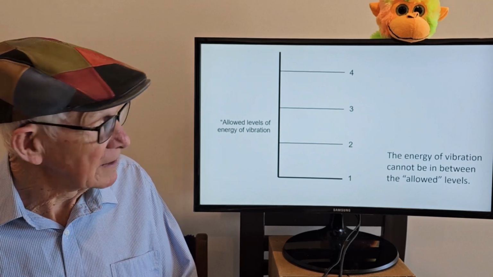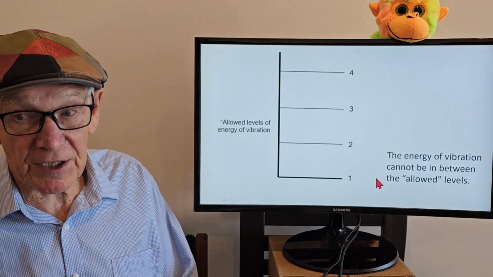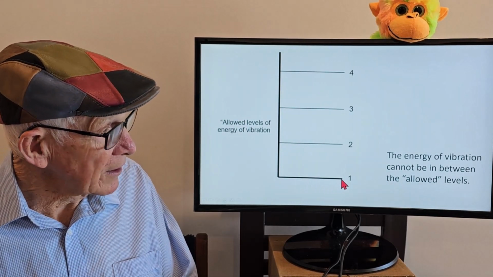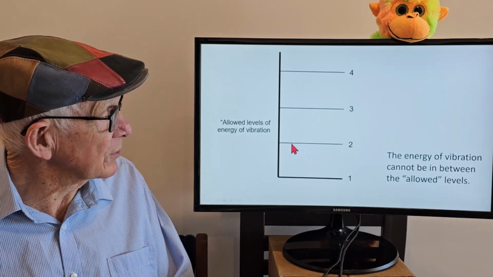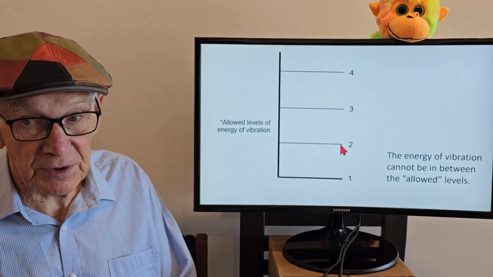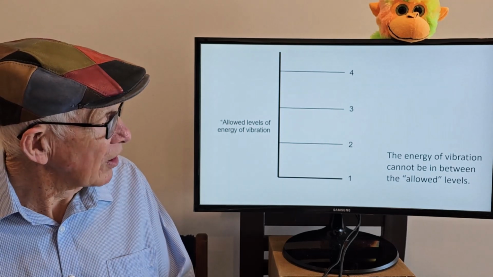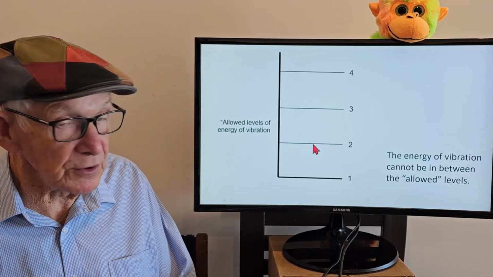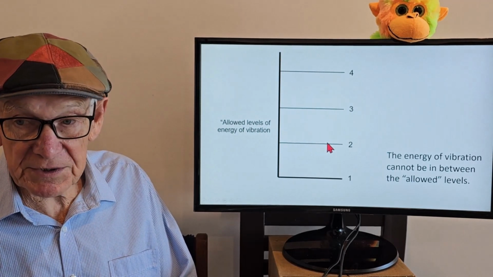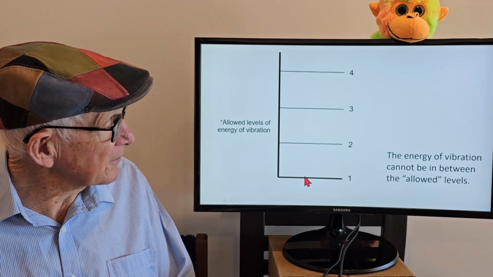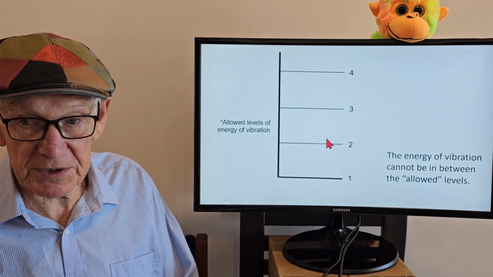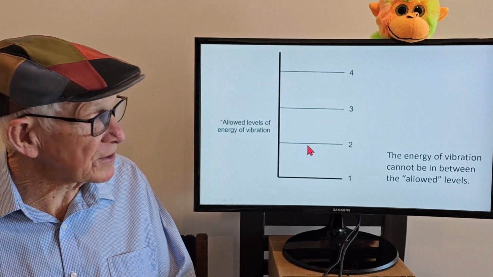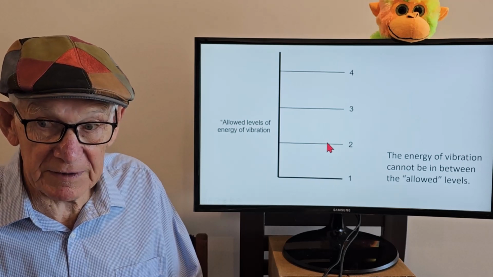And that means, in fact, that we can have allowed transitions from vibrational energy 1, rotational energy 0 to vibrational energy level 2 and rotational energy 0, or from 1 and 0 to 2 and the first rotational level, or from 1 and 0 to 2 and the third rotational level, or from 1 and the second rotational level to 2 and the first rotational level.